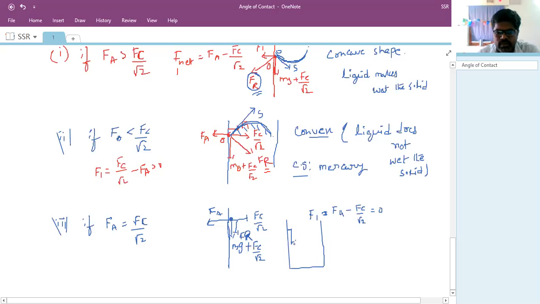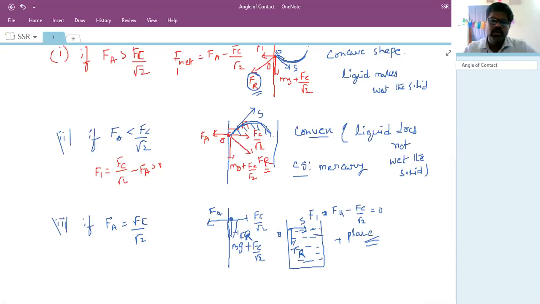Then from point O you can draw the perpendicular like this, OS. Then the liquid surface is horizontal, like a plane surface. Are you clear on this? The liquid surface will be like a plane surface.